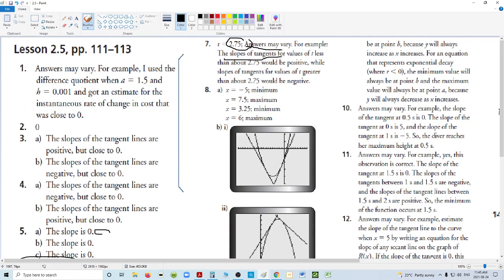For example, the slopes of the tangents for values less than t would be positive, while slopes of tangents for values greater than t would be negative. So I don't even think they were that accurate, because we saw that's actually not true, because 2.5 is indeed not the peak.